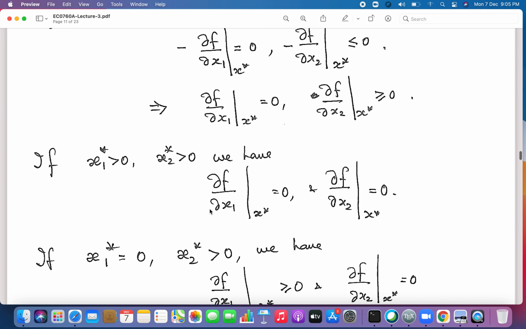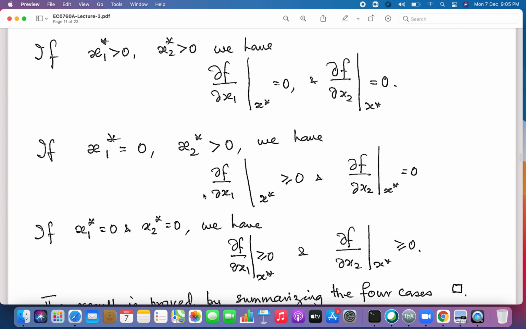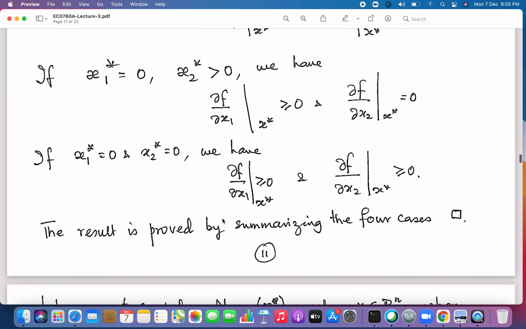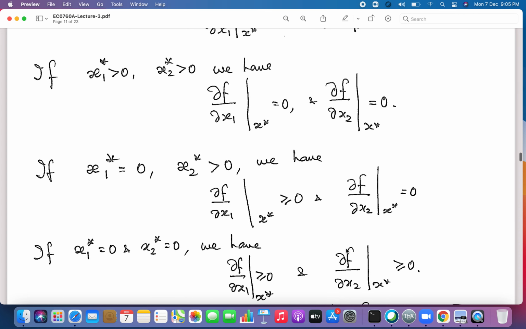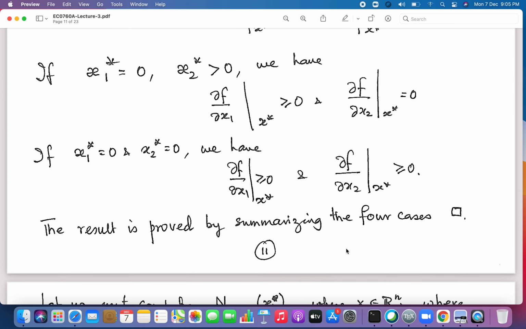When both are strictly positive, these are nothing but 0. When the x-axis is 0 and y-axis is strictly positive, this is what you would have, and so on. So instead of writing, you can just figure them out very simply. So summarizing the whole thing, this is what you have.